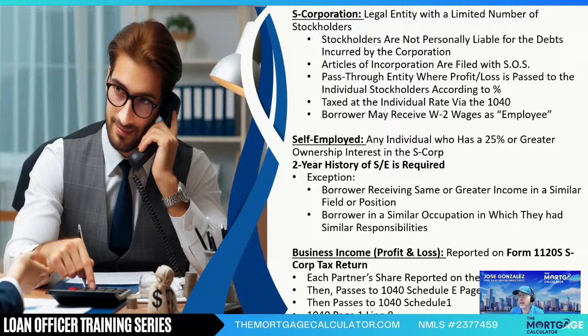Please note that other documents that you would need when you have an S corporation borrower are the EIN letter that they receive from the IRS, an operating agreement, which will document their percentage of ownership if you're not going full doc. If you're going full doc, it's going to be on the K1, right?